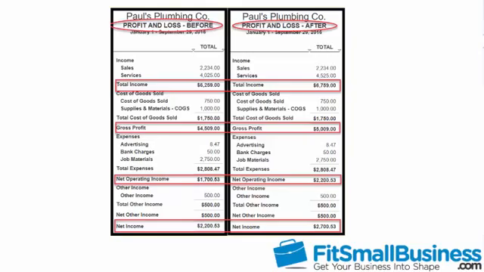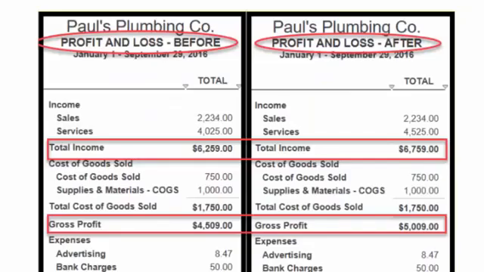So starting with total income. Total income before was $6,259. That has increased by $500 to $6,759 on the right. Gross profit before was $4,509, and now gross profit is $5,009.